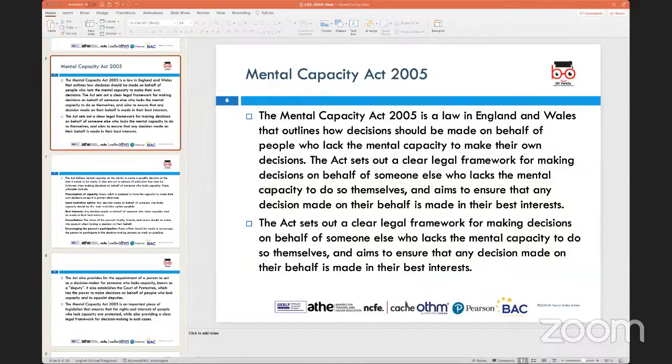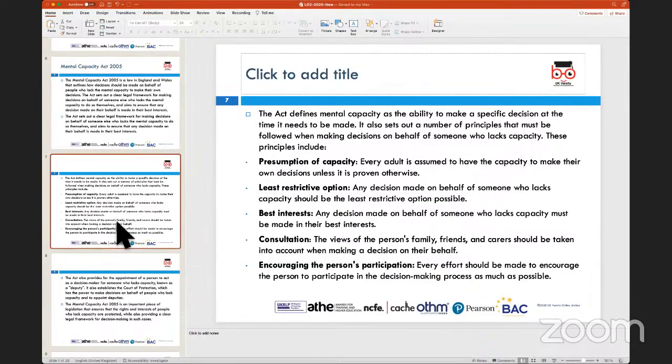And when decisions have to be made on their behalf, this would be done using a particular legal framework, and a person will be appointed who will take into account decisions that are in the interest of the individual, and will also ensure that his or her individual rights are protected, and that the support being provided is meeting the requirements of that particular individual.